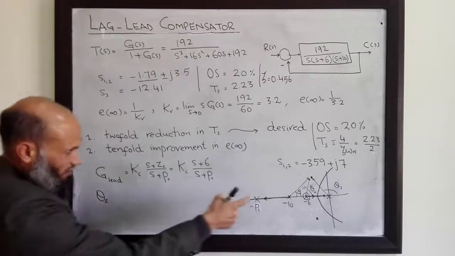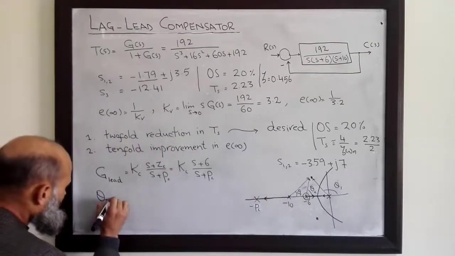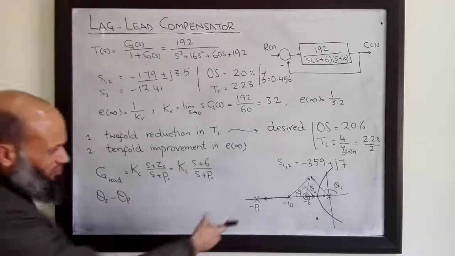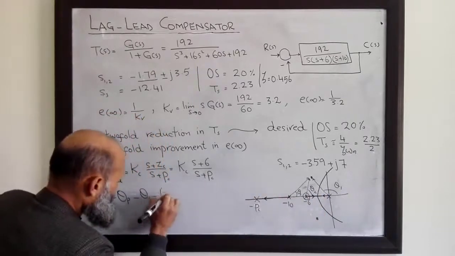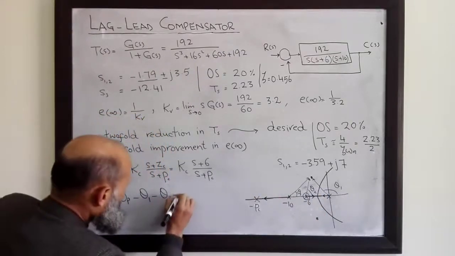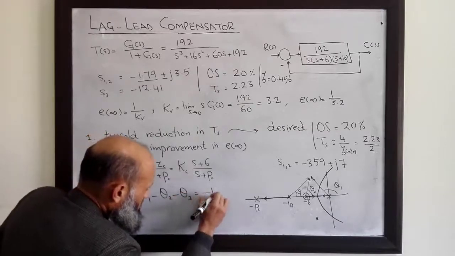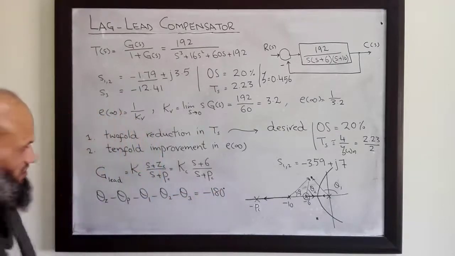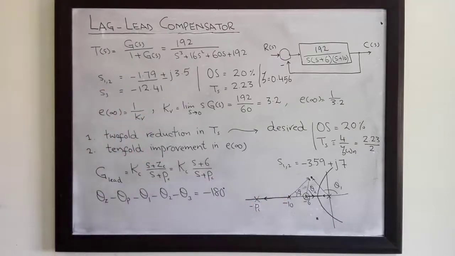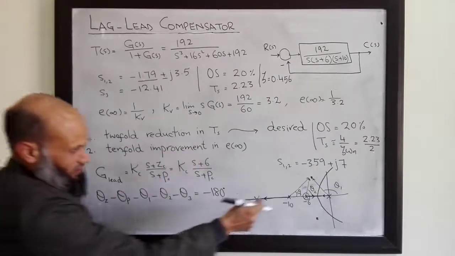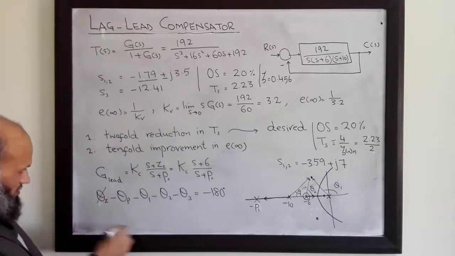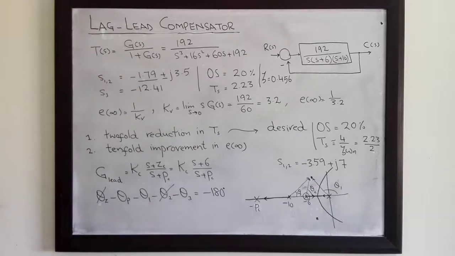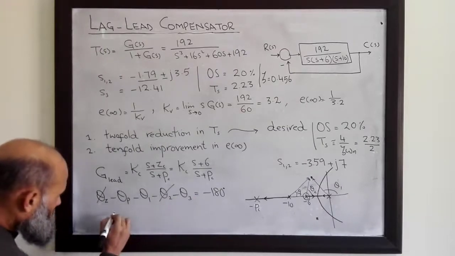So theta 0, the angle contribution due to the zero of the compensator, minus theta p, the angle contribution due to the pole of the compensator, minus theta 1, minus theta 2, minus theta 3, must be an odd multiple of 180 degrees for the angle condition to be satisfied for this point. We have selected this zero just overlapping with this pole, so the angle contribution due to the zero is the same as the angle contribution due to this pole, theta 2, and the rest of them can be computed.